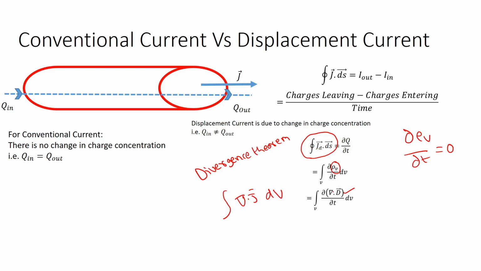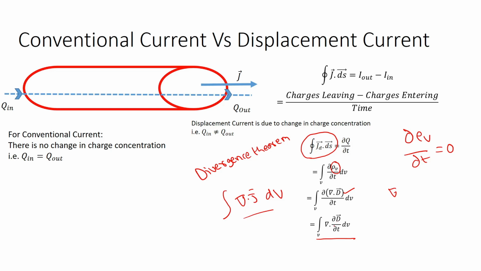Again, if I rechange the order of differentiation, I can get this to be the divergence of ∂D̄/∂t dv. And if these two integrations are to be equal, the integrands must be equal. That means ∇·J̄ is equal to ∇·∂D̄/∂t.